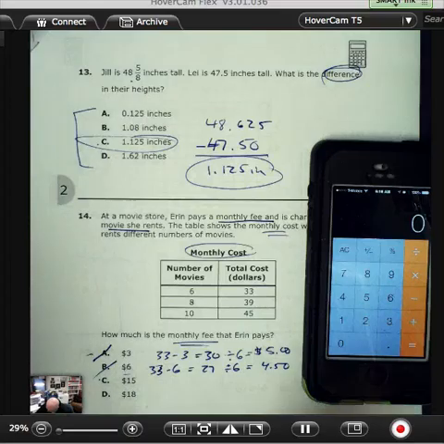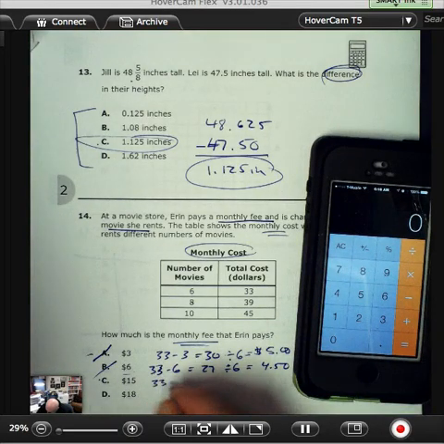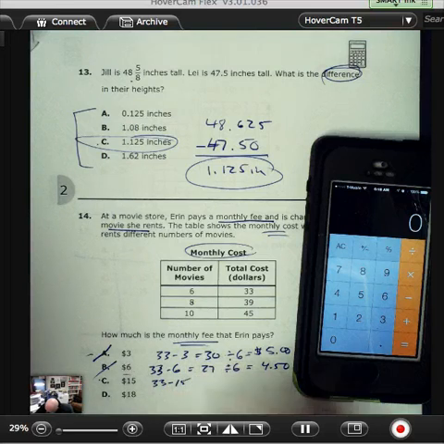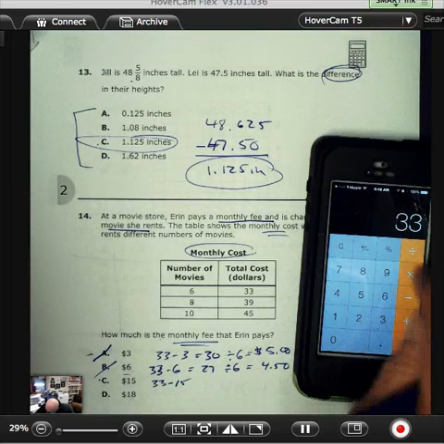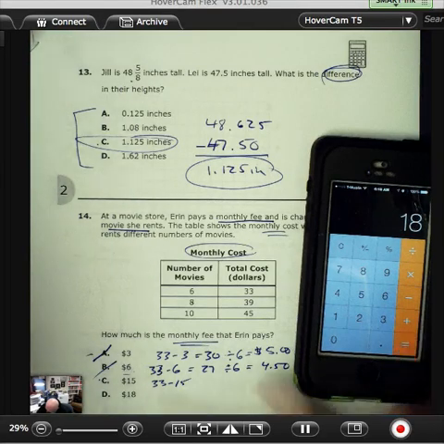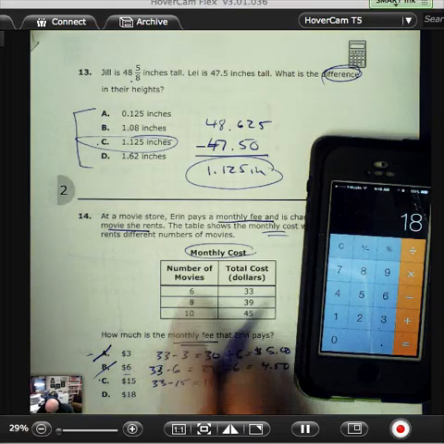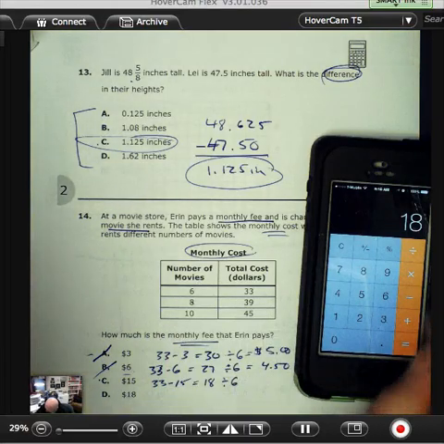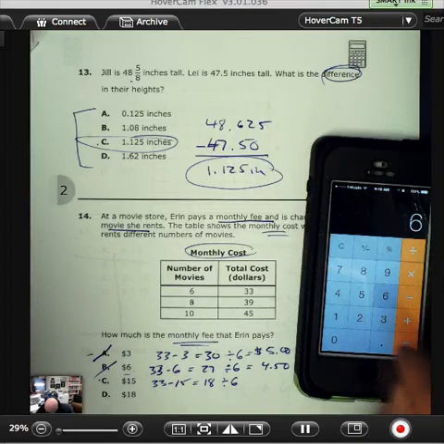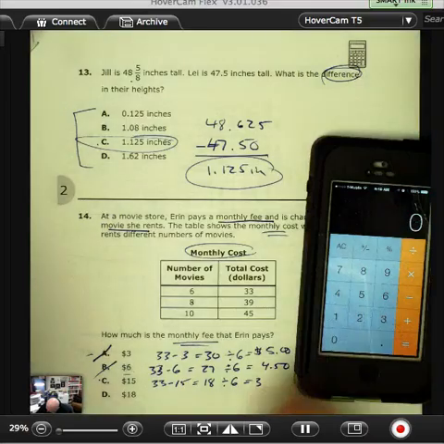Try $15. All right, so take the 33 again. Let's use that top one. I'll minus $15. So $33 minus $15 monthly fee would give me $18. If I divide that by the 6 movies again, that equals $3 per movie. All right, well, let's try these other ones.